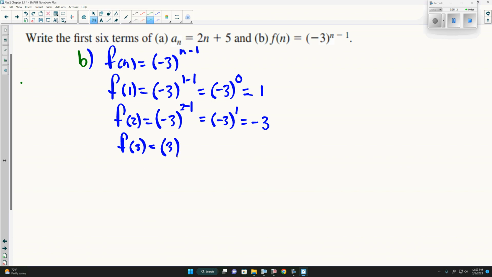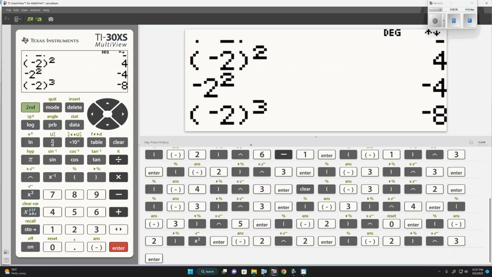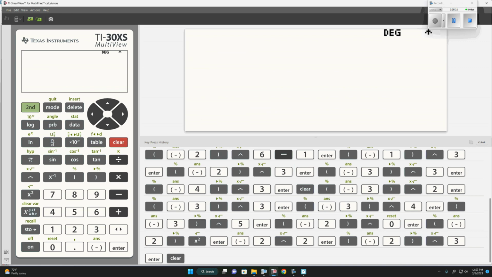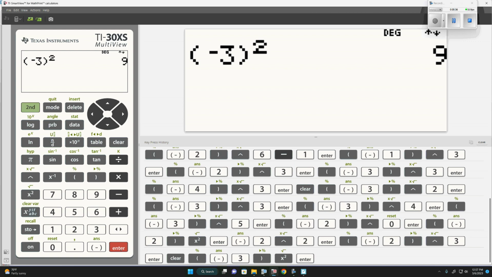Now 3, we'd have negative 3 to the 3 minus 1. Well, 3 minus 1 is 2. Negative 3 squared is what? Negative 3 squared would be 9.